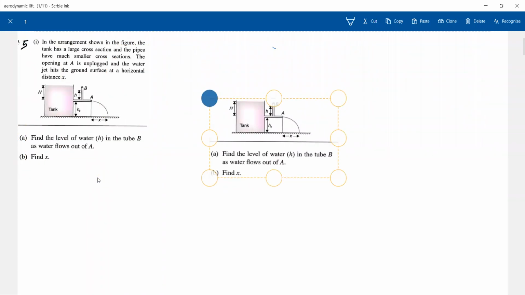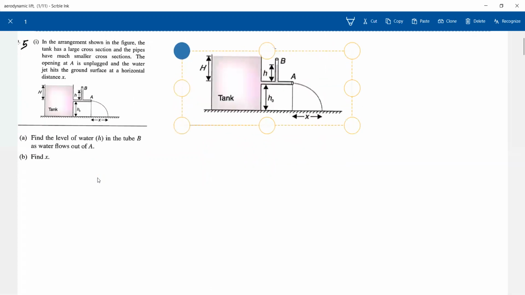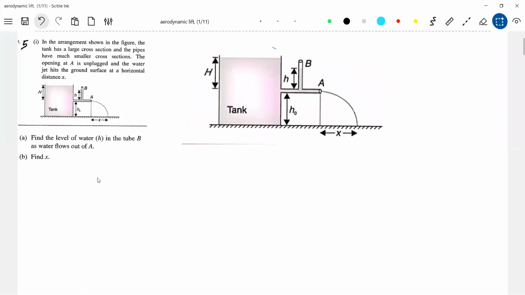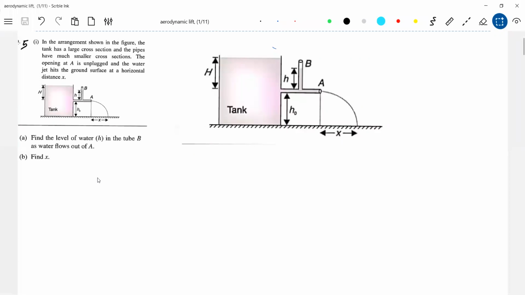See, now I think we know enough of Bernoulli's theorem numericals, no? So straight away we should know how to apply things here. I'll begin this. So let me take the point one. There's a point two. There's a point three. We'll agree this.